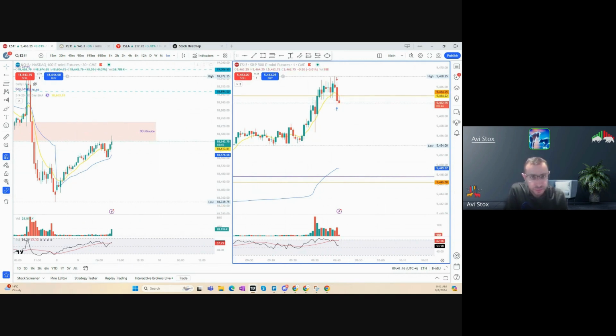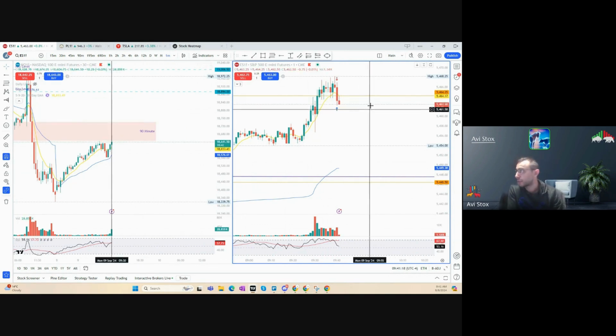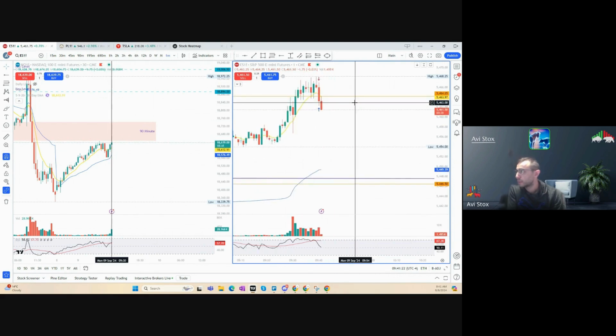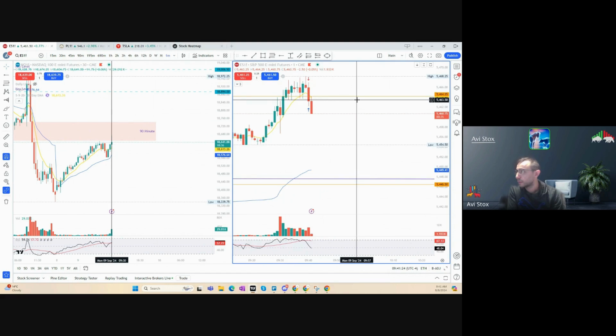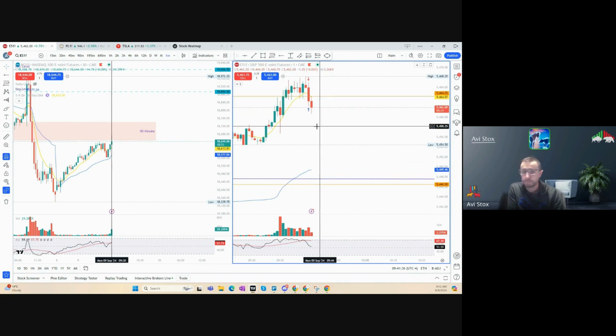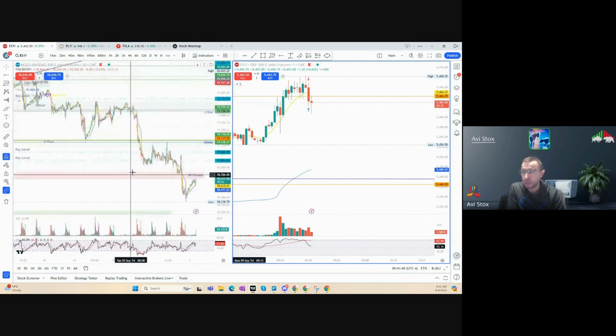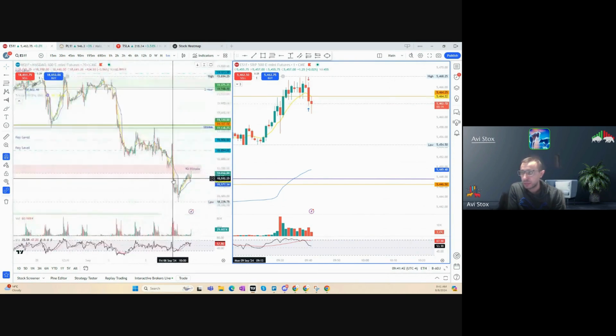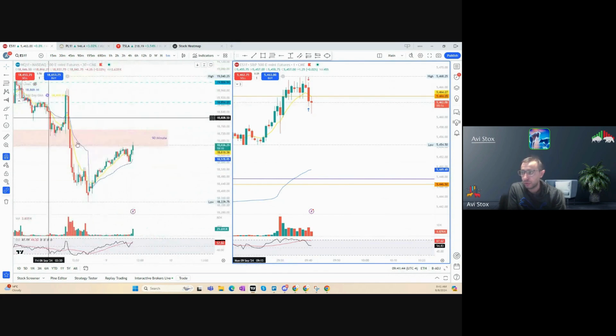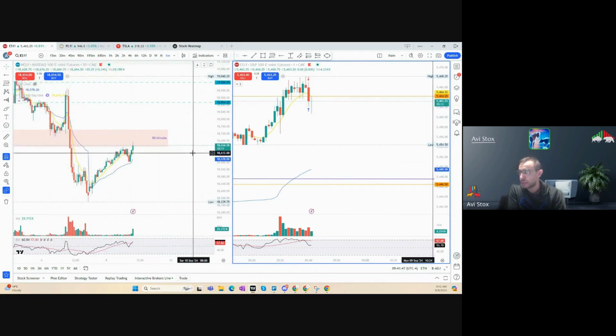Yeah, there is a short coming, like that. So that's dropped by almost $3 and this by $2 already. And why is that? It's because basically we have this 90 minutes and it's only broke below first time and it's on a retest.